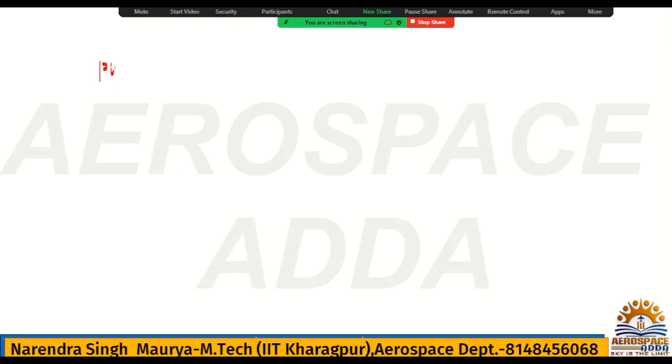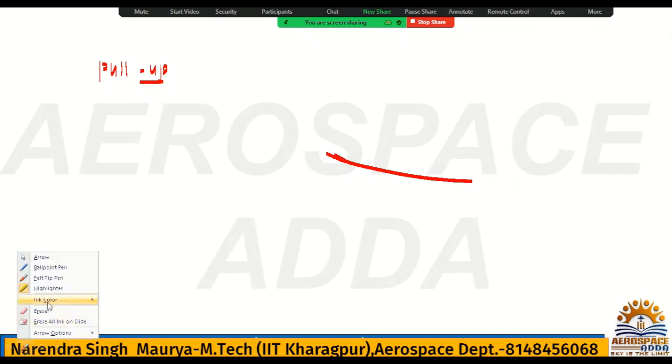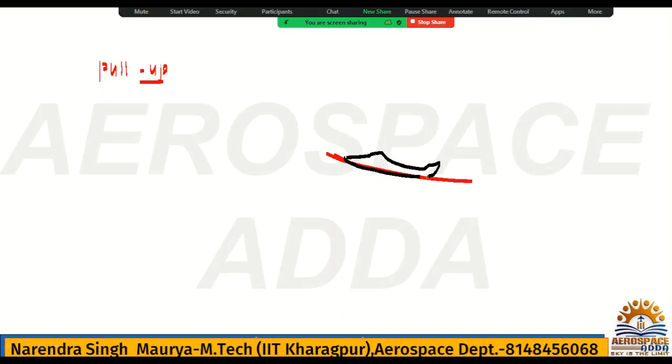Here we are seeing the pull up. In pull up, I have shown you the force balancing for the aircraft. This is the aircraft here. This is basically the arc where the aircraft is going to pull up. I must draw in another color so it will be more clear. Now you can say this is the circle from where you are considering that the aircraft is going to turn.